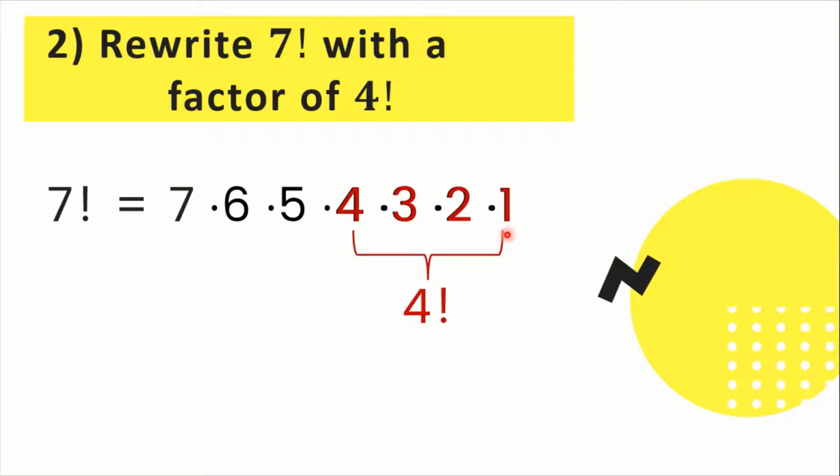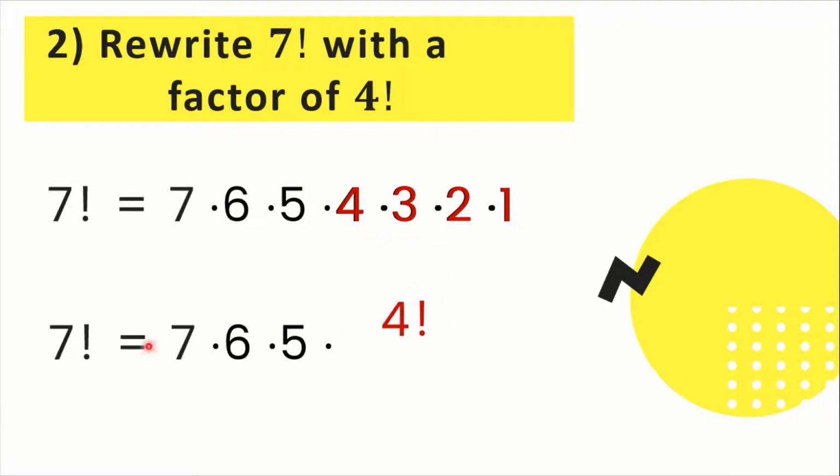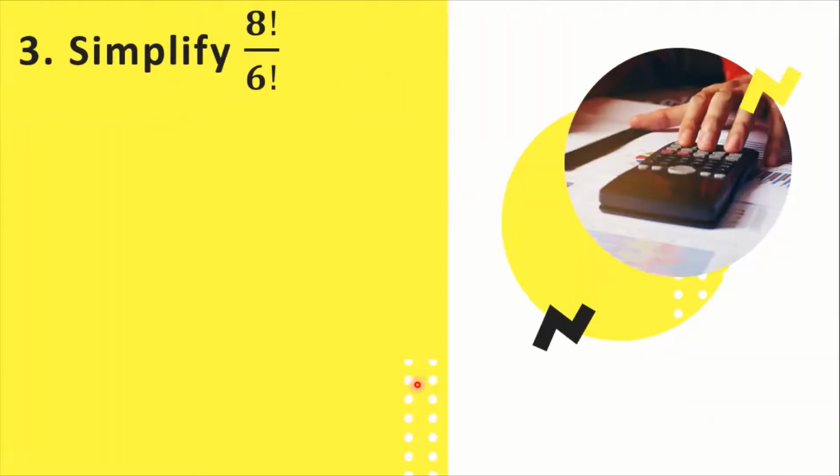So, we simply replace these numbers with 4 factorial. So, ang 7 factorial could be equal to 7 times 6 times 5 times 4 factorial. Now, magagamit natin itong ganitong concept in simplifying or evaluating other factorial notations. Let's take a look at the next example.